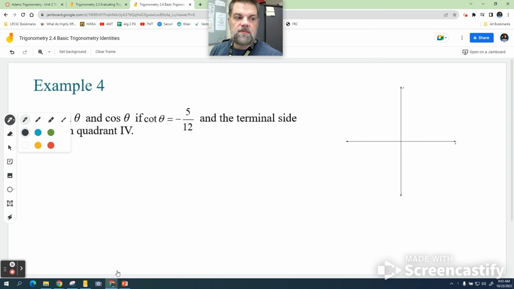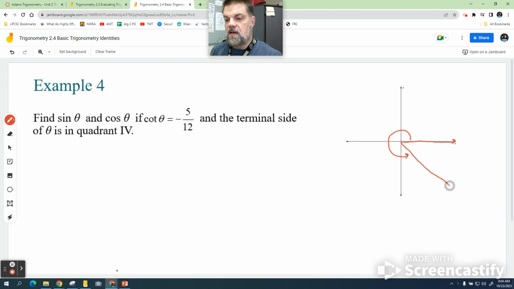So remember, what we're looking for is, I'm starting on the initial side, and I'm rotating around, and somewhere over here in quadrant 4 is my value.